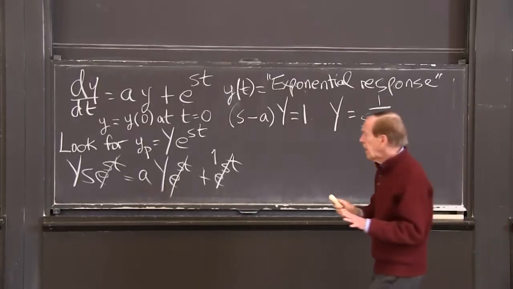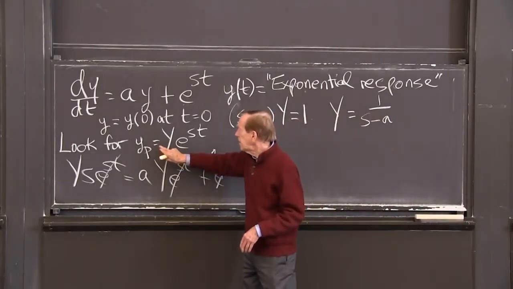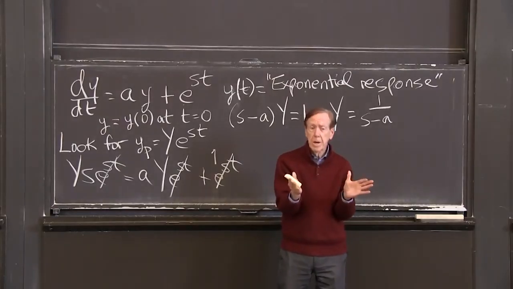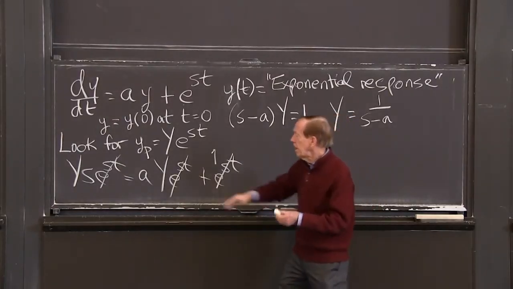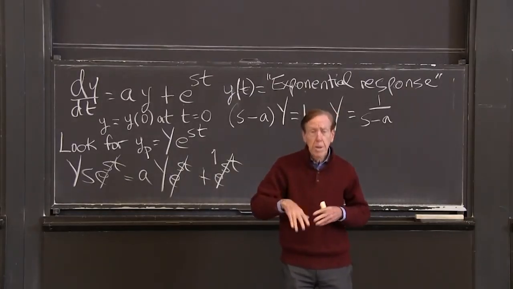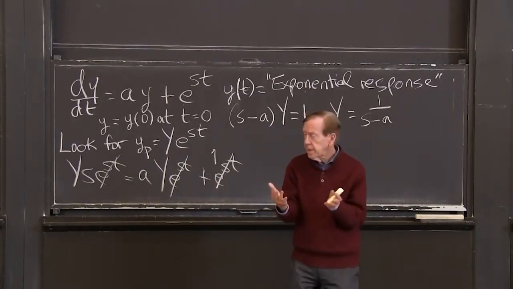That's not the end, because that solution won't match the initial condition. So how do I match an initial condition? What I have found is a particular solution, and I need also the null solution, the homogeneous solution.